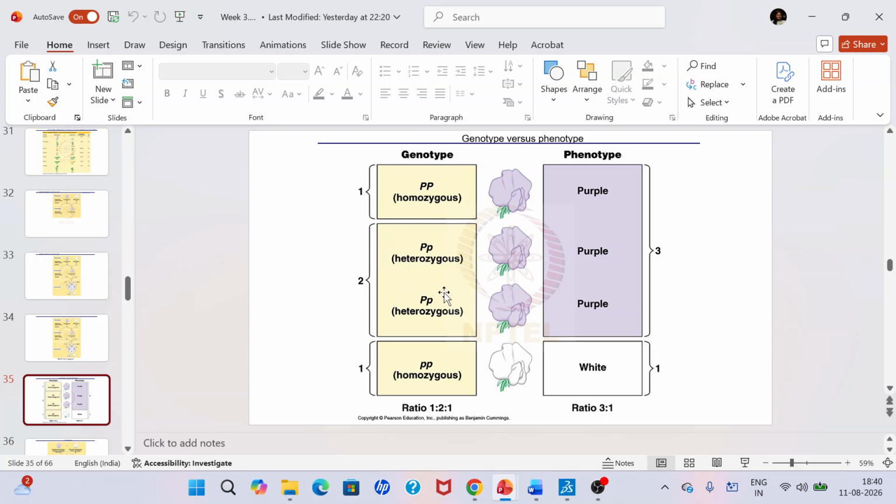This was a heterozygous dominant. It again gave a purple flower because purple was dominant over white. A heterozygous condition, again a purple flower, but in a homozygous recessive situation, we got a white flower. That was the one ratio. That means out of four, only one was that kind of case. The other three were purple, and those were the dominant characters.